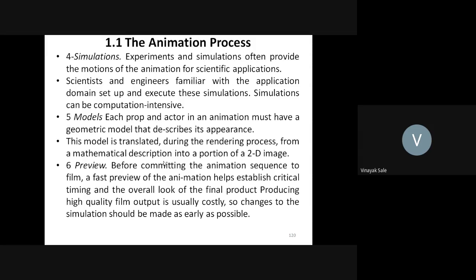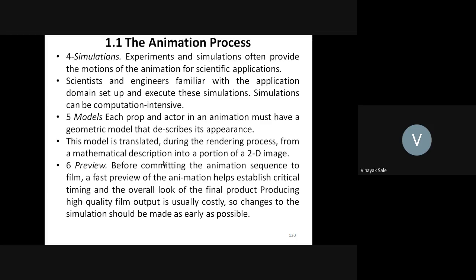Fifth is models. Each prop and actor in the animation must have a geometric model that describes its appearance. The model is translated during the rendering process from the mathematical description into a portion of the 2D image. And last is preview.